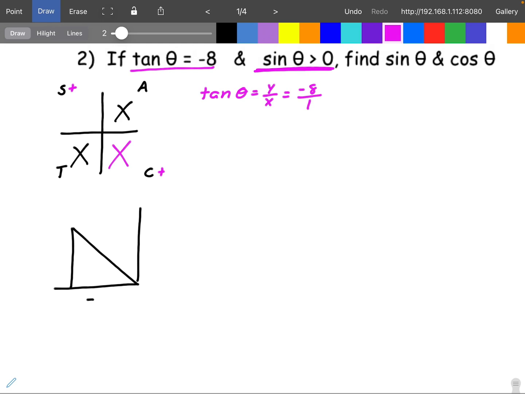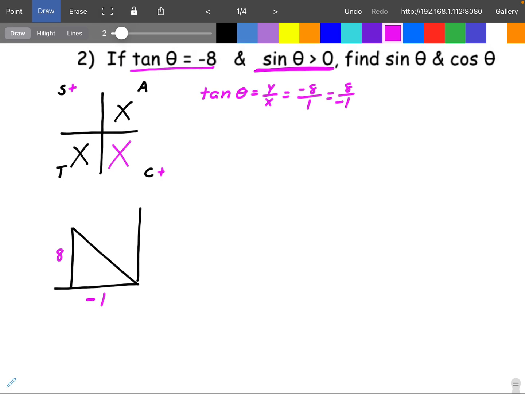Now, be careful though, because we said that the x has to be the negative. So wouldn't this be the same thing as 8 over -1? Why, yes it would. So then, our y is going to be +8 and our x is going to be -1. Now all we have to do is find the hypotenuse.